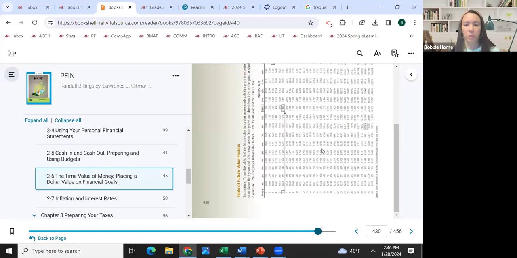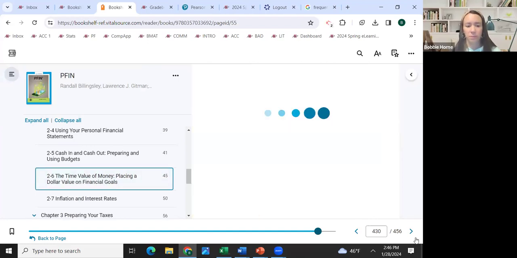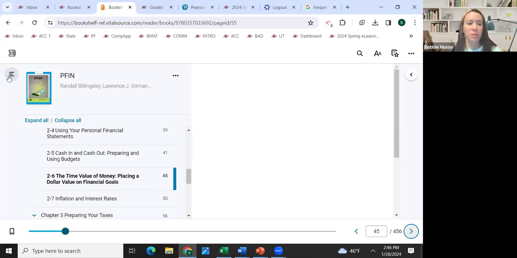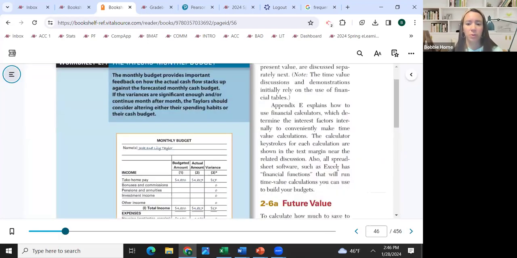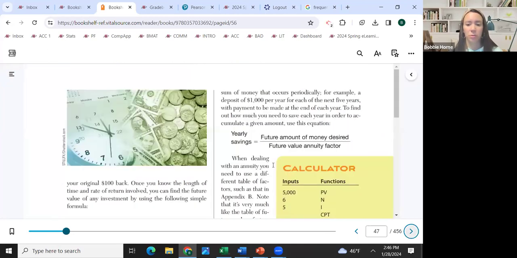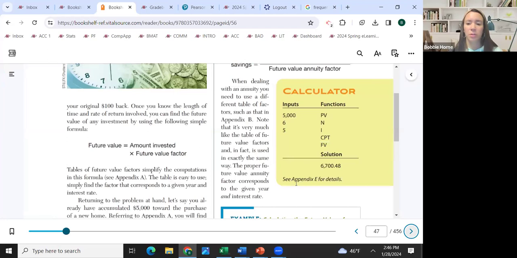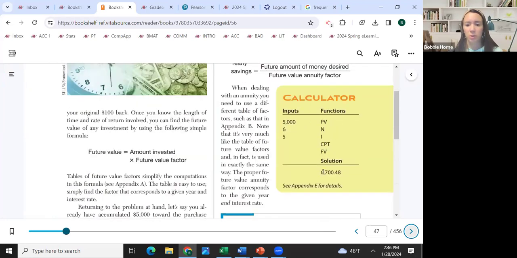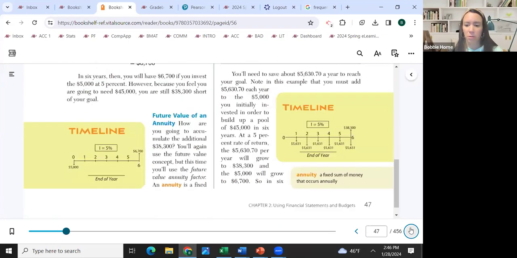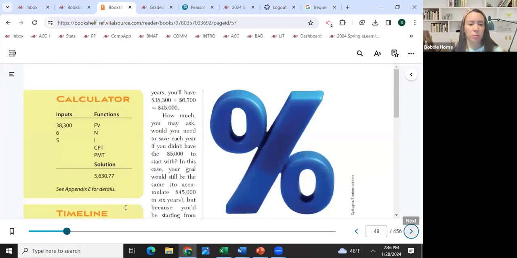So we have the time value of money. All right. And always follow along in your book. It's got a lot of good information in it. So we did the future value, and it also shows you how you can do this in your calculator. And then that shows you annuity.